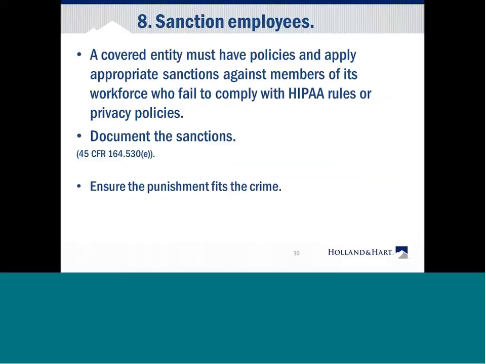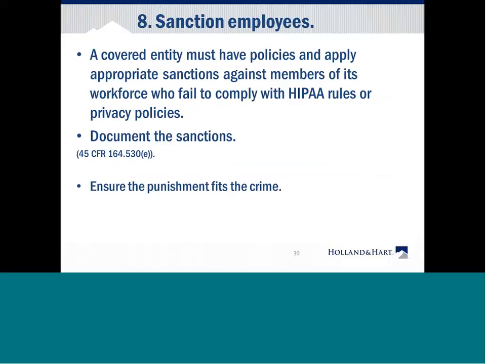Next, you have an affirmative obligation to sanction your employees. You've got to impose appropriate discipline against your employees and workforce members. If you fail to do so, that is a separate violation on you, and you should document the sanctions. Now, those sanctions should fit the crime. In some circumstances, it may justify immediate termination of employment, especially if it is an extremely serious violation or a repeated violation.